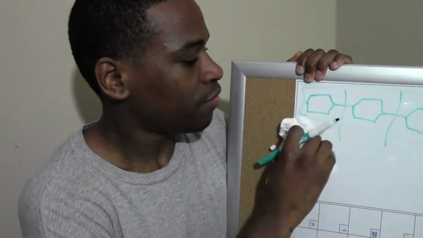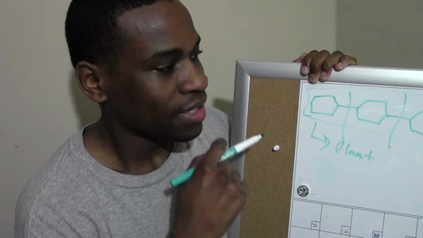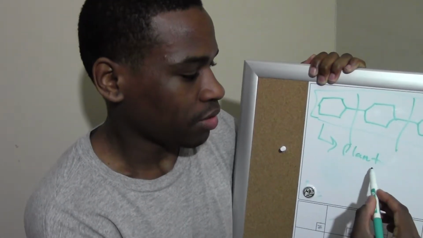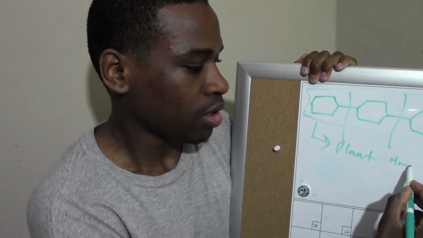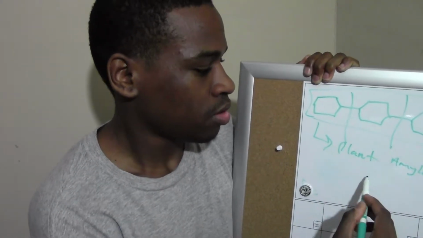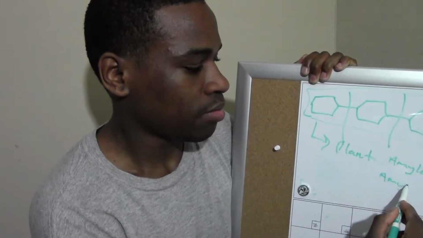So we have these ring structures. A polysaccharide is broken down into, I'm going to go into starches, which is the plant form of a polysaccharide, and they're broken down into two subunits, amylose and amylopectin.